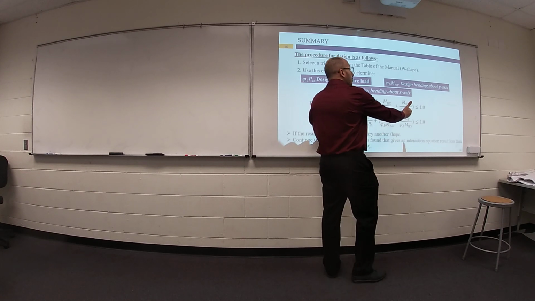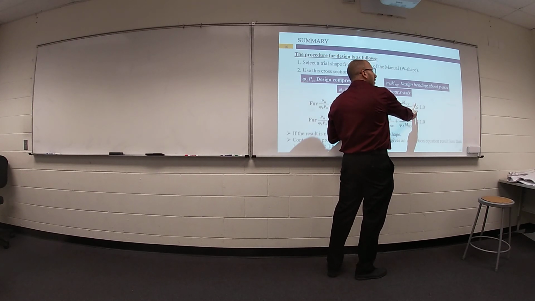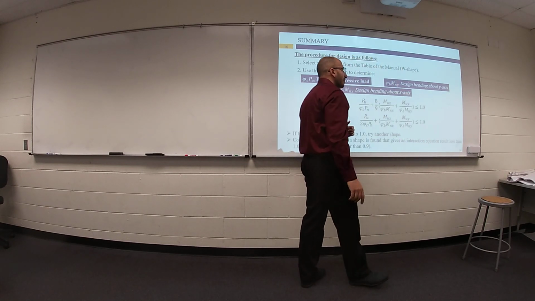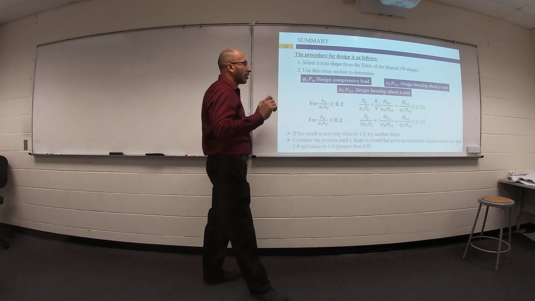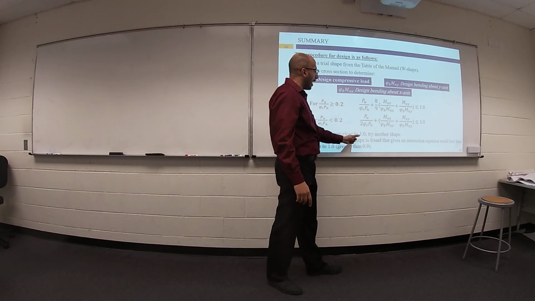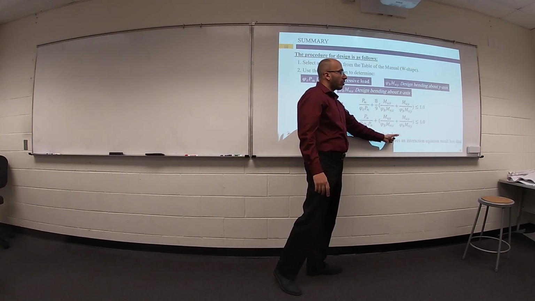But if your value is 0.2, 0.1, 0.5, you are very far from 1, that means your cross section is more than safe. So if the result is not very close to 1, try another cross section.